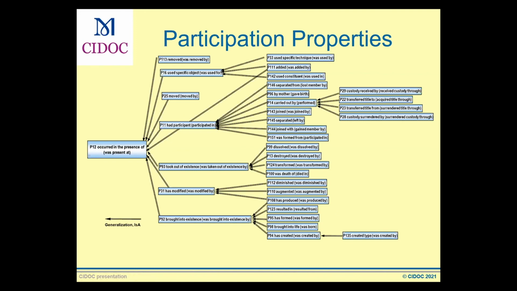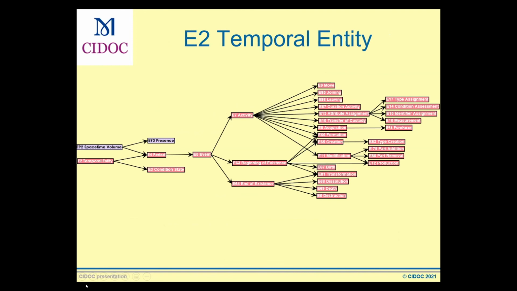So all of the people participating, all of the objects participating in temporal events will be using part of this hierarchy of properties.